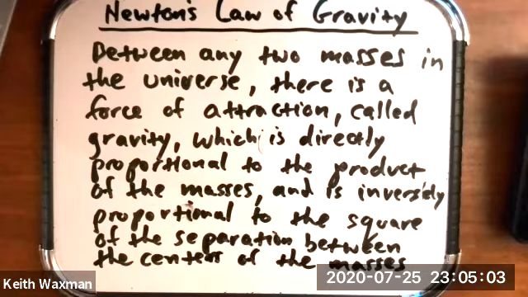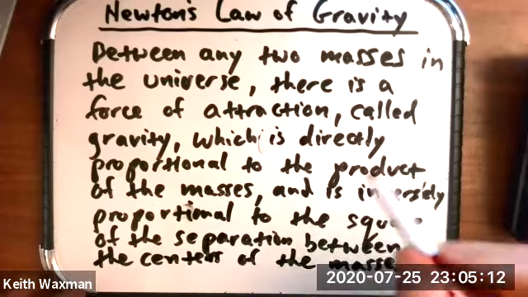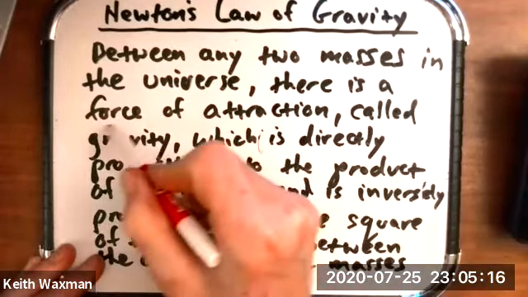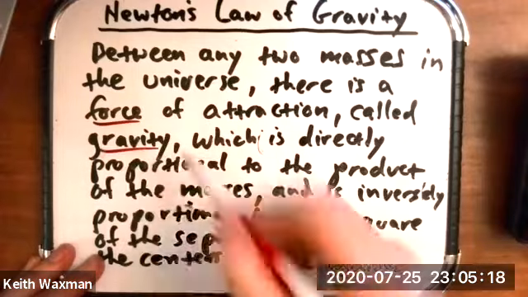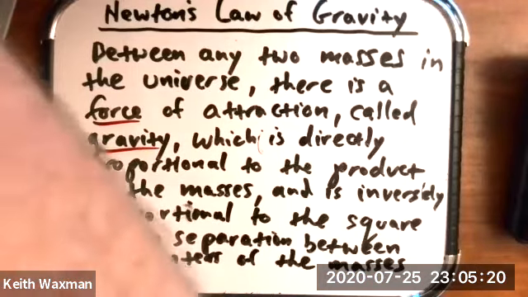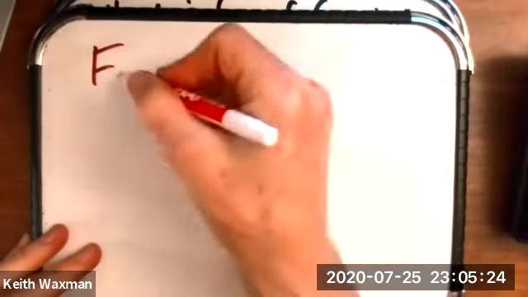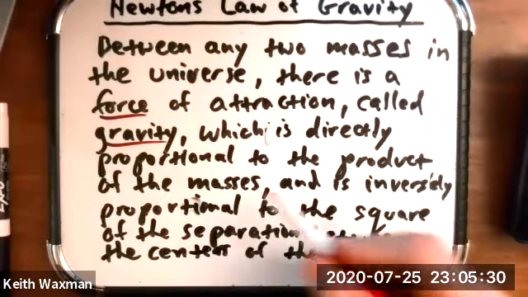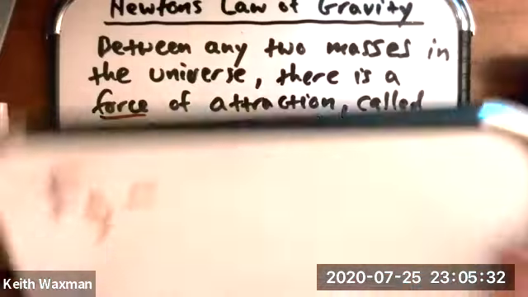Now, let's make this a little more simplified. First of all, let's talk about this force of attraction called gravity. The force of gravity, all right? Let's put that over here. Let's call the force of gravity F sub G. There's the proportional symbol, so we'll do that. It's directly proportional to the product of the masses. You know what that means?